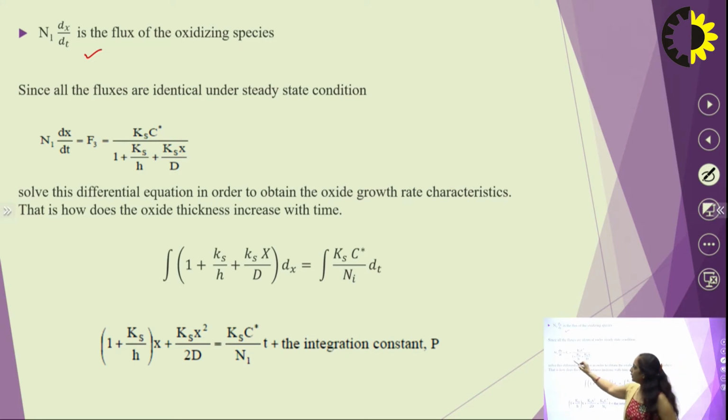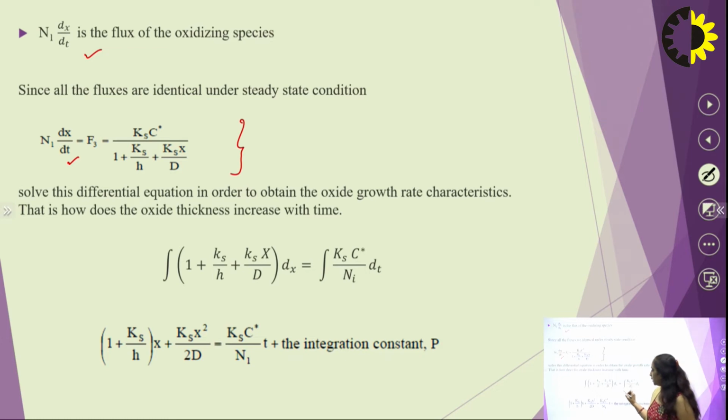So we can write the growth rate N1 dx by dt is equal to F3, which is written as Ks times the equilibrium concentration divided by 1 plus Ks by H plus Ks x divided by D, right? So we have this differential equation. We can solve this differential equation to calculate the growth characteristics, that is, what is the rate of oxidation taking place, and how much thickness is achieved within a given time limit.